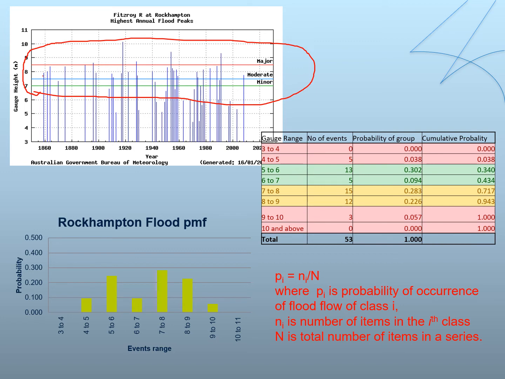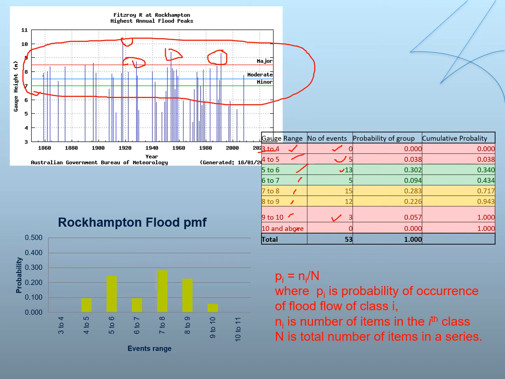Now you can divide this into a number of groups: 3 to 4, 4 to 5, 5 to 6, 6 to 7, 7 to 8, 8 to 9, 9 to 10, and 10 and above. You divide into multiple groups and count how many events are there. So 3 to 4, 0; 4 to 5, 5 events; 5 to 6, 13 events; and similarly 9 to 10, 3 events, and maybe more than 10, probably one event.